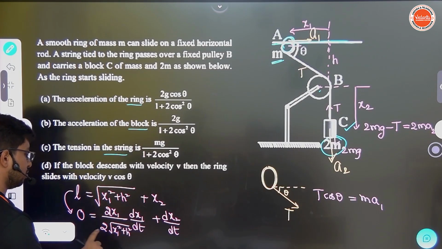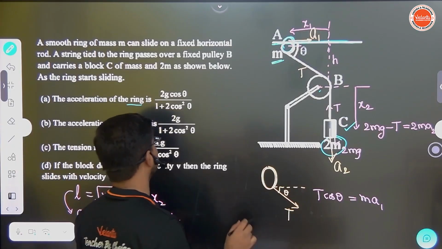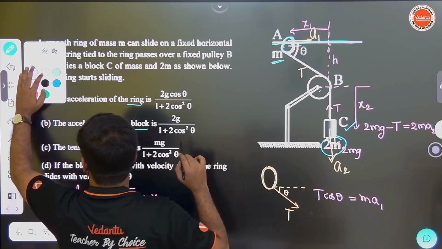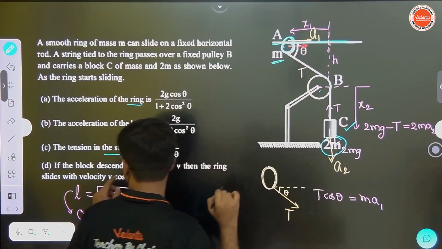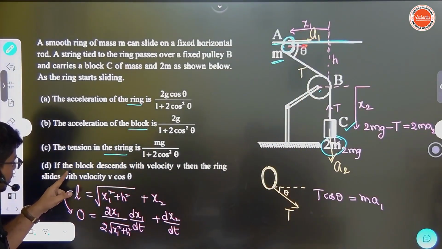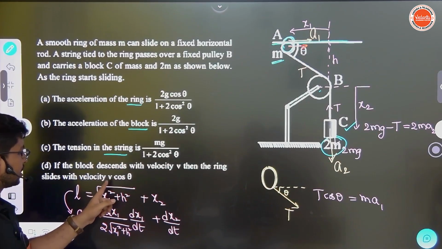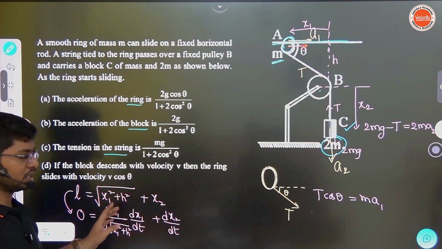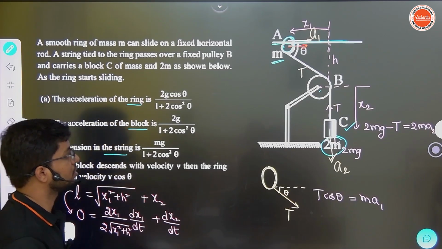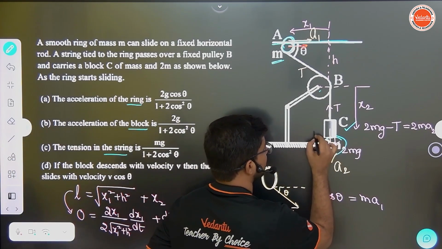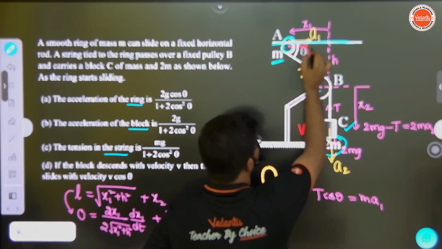Now carefully observe here, dx1 by dt. They have given some point based on the velocity: if block descends with a velocity v, then ring slides with a velocity of v cos theta. Let us see if this is the equation for velocities here. We can decide on this. Assume this is your velocity of the block and velocity of the ring.